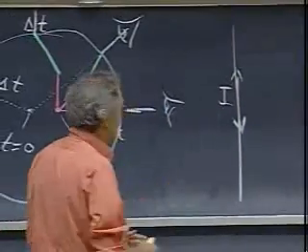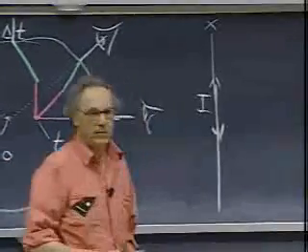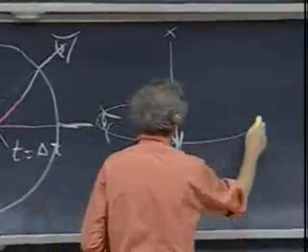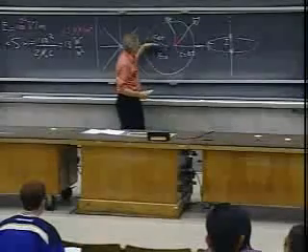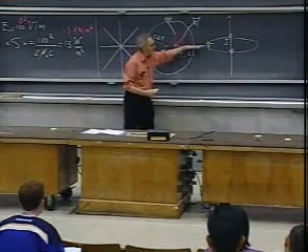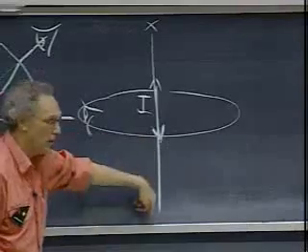Then from this classical picture, we know that no radiation will go out in this direction. But we also know that in the direction of the acceleration, no electromagnetic waves go out. So nothing goes out here, nothing goes out there.